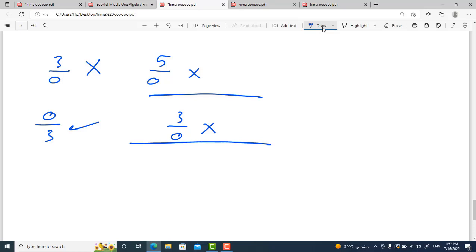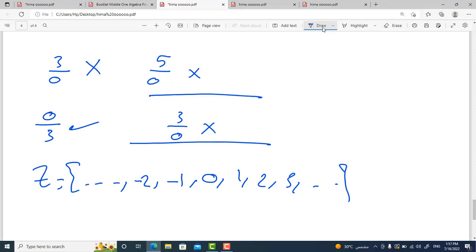We have our integer numbers Z: 0, 1, 2, 3, and so on, and negative 1, negative 2, and so on. All integer numbers have denominator 1.